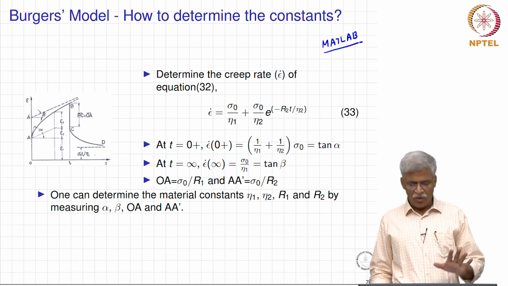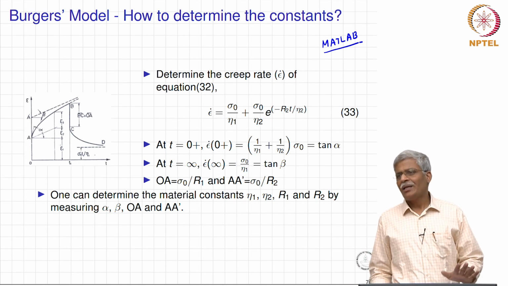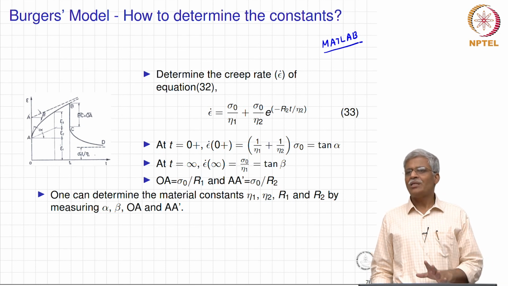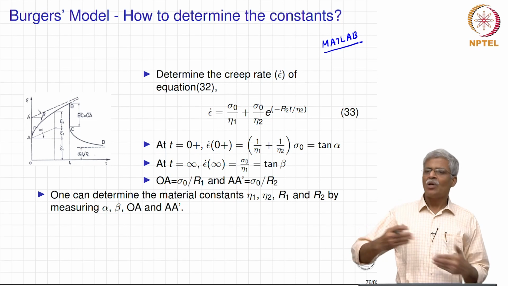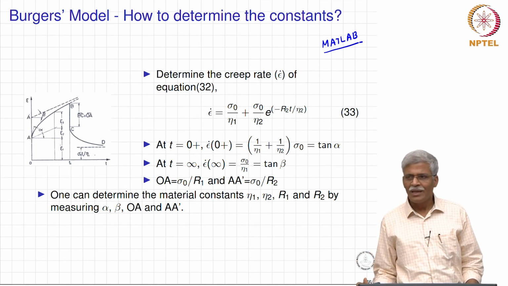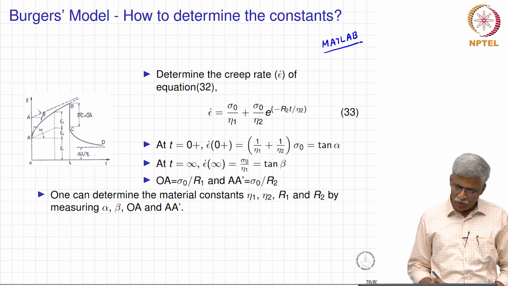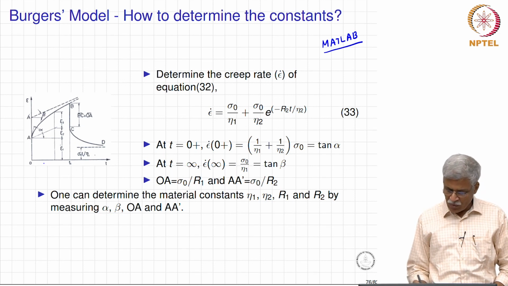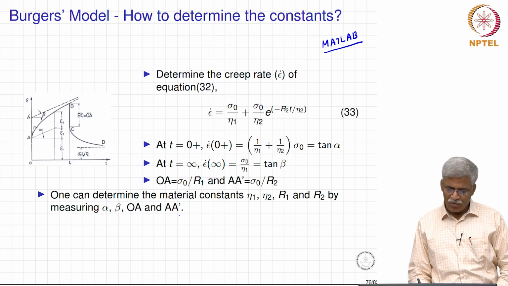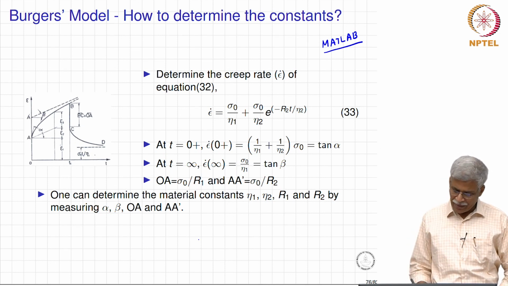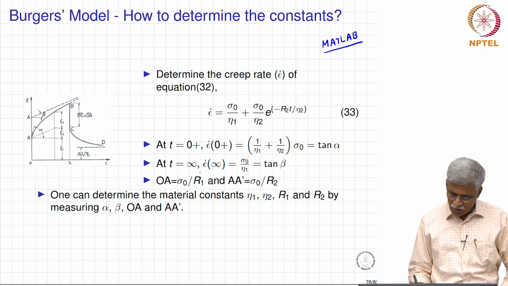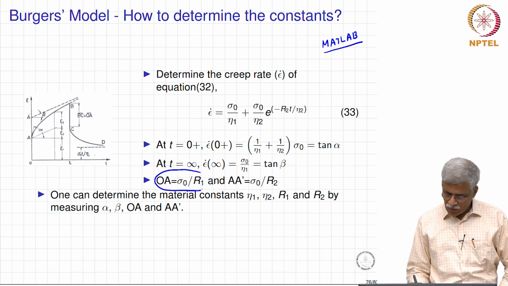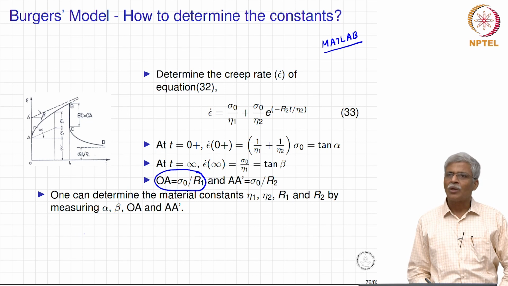But as of now, with the experimental data that we have got, it will be easy for us to make some guesses about the nature of the response of this material as well as the associated parameters. So, first and foremost thing, we can take a look at how we really find out some of these material parameters. The first parameter which is quite obvious to us is OA is equal to sigma naught by R1.